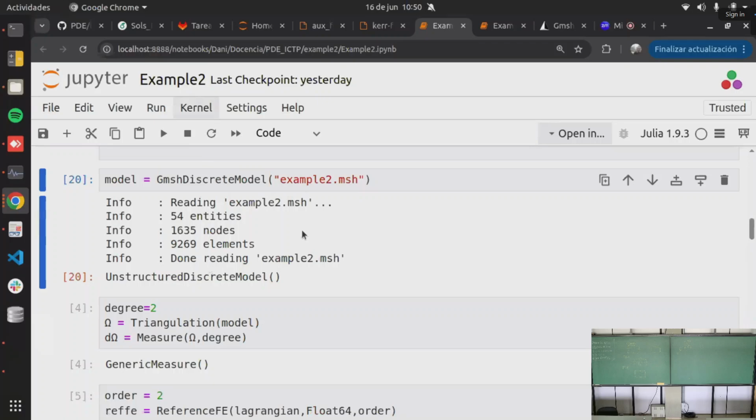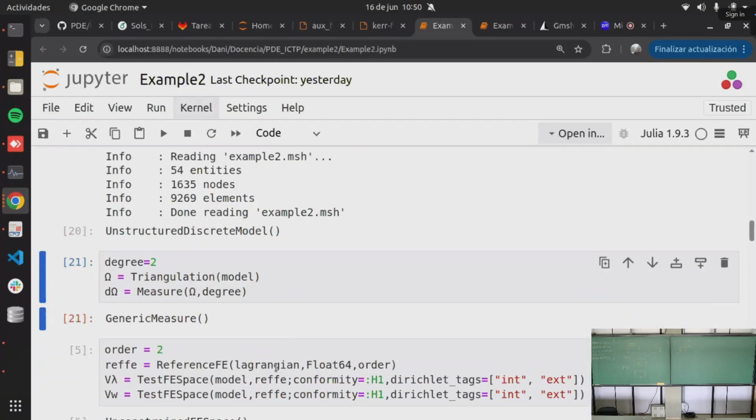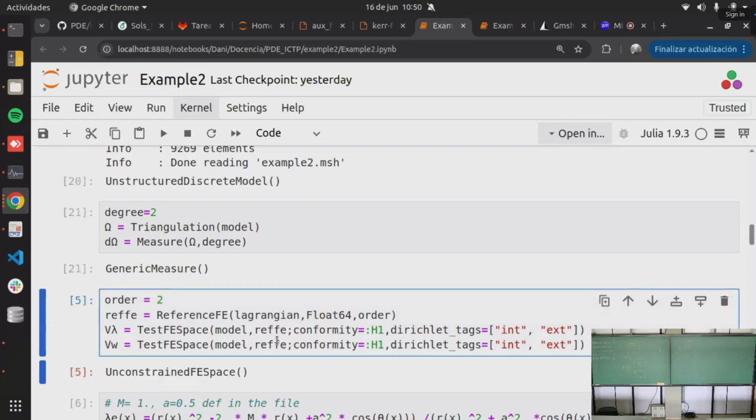I perform the mesh with HeMesh, so I can tell you more about it after the examples. We define the triangulation, and in this case, we have a Dirichlet condition in the two spheres, the internal one and the exterior one.